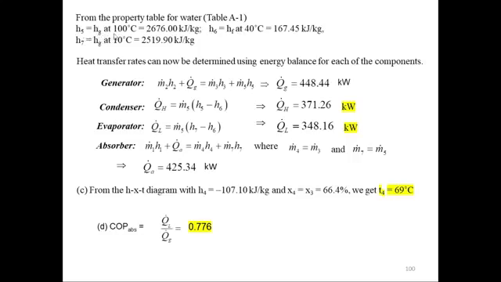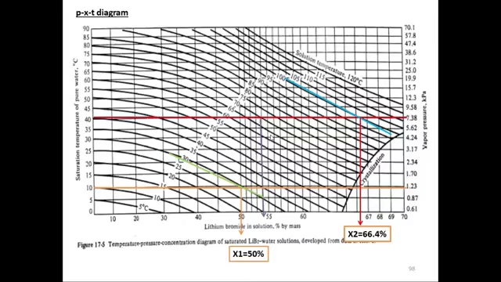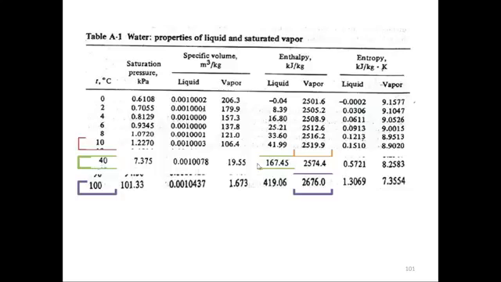H5 is Hg at 100 degrees centigrade, so that is 2676, and H6 is saturated liquid at 40 degrees centigrade, 167.45. H6, if you look at the diagram, is right here. After the condenser we get a saturated liquid at 40 degrees centigrade, so that value is 167.45.